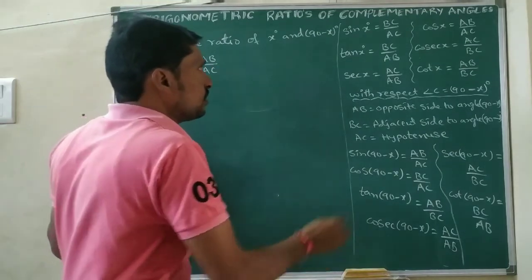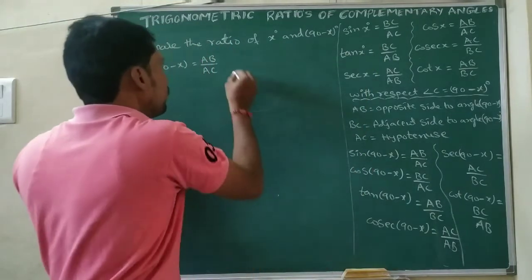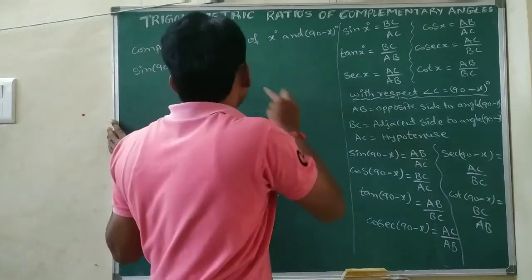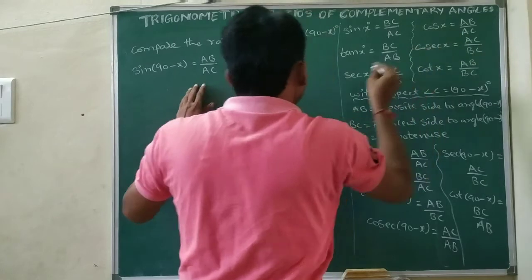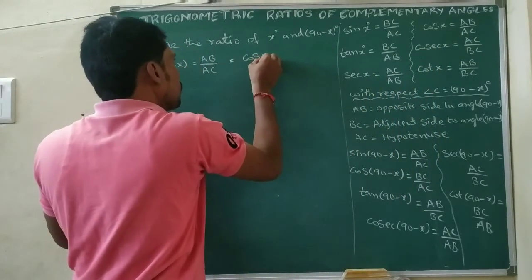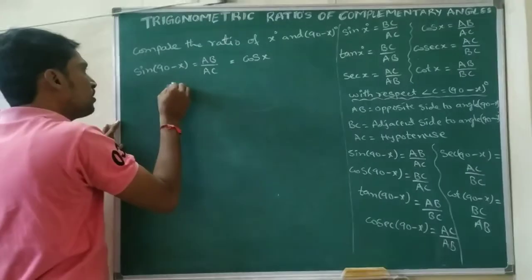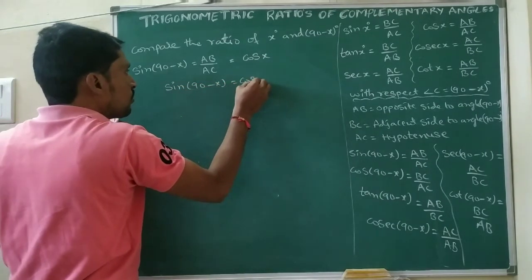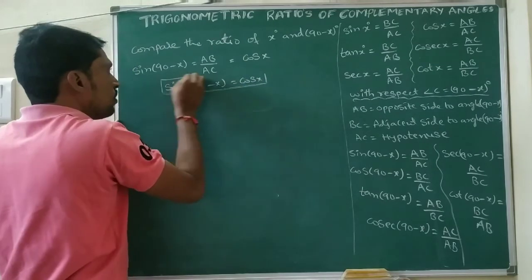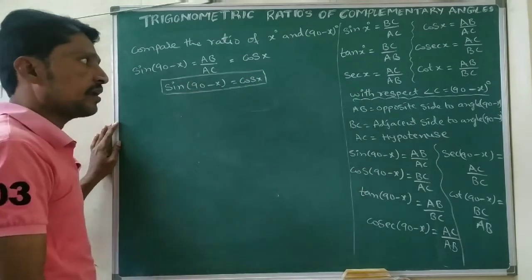With respect to x, what we are getting, see here, AB by AC. So AB by AC is cos x. So here you can observe the formula: sine 90 minus x equal cos x. This is the first formula for complementary angles.